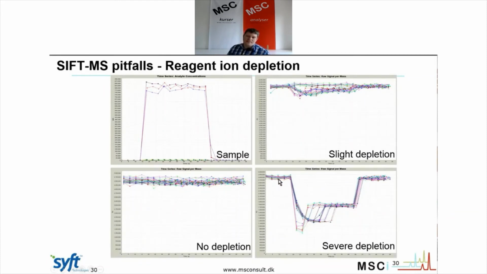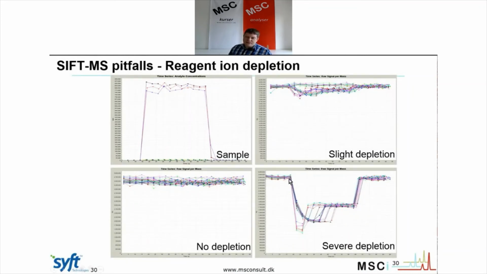But down here, if we, for instance, analyze a beer, then it has 5 to 6% alcohol, ethanol to be specific, and that is a huge amount of ethanol, and that will react with all the ions.